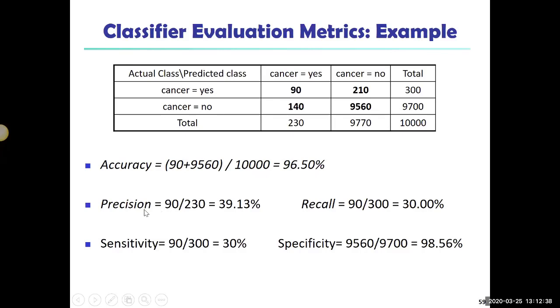So our precision measure, I'm going to give you a few minutes to look at this and make sure that I did my math right. And also for you to appreciate the difference between the accuracy measure and precision and recall being a pair, and sensitivity and specificity being a pair to evaluate the performance.